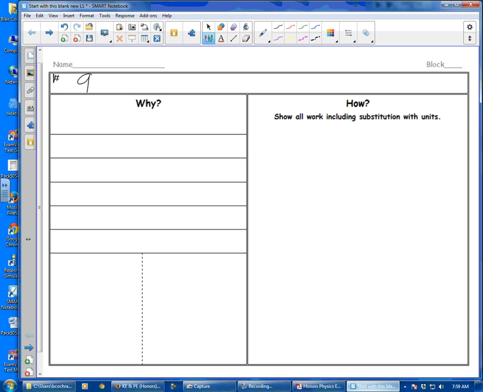So I would write it as the total work done on the plane changes its kinetic energy. That's probably all I would have in my why.